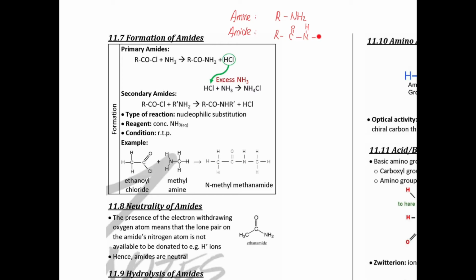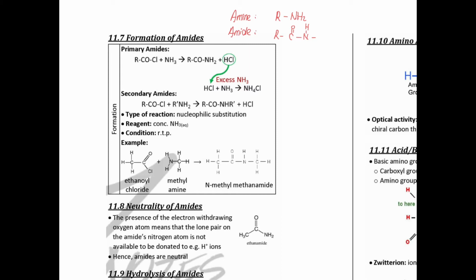But if here is an alkyl group, then we call this secondary amides, because here already has R, then here has another R, so we call it secondary amides. Okay? So now let's see how to form amides.